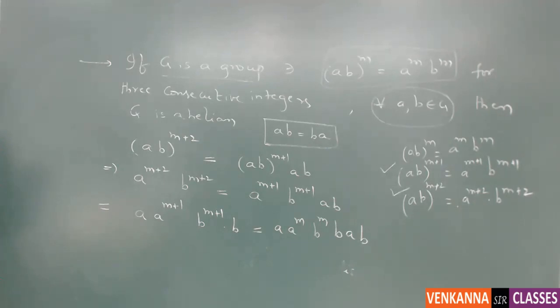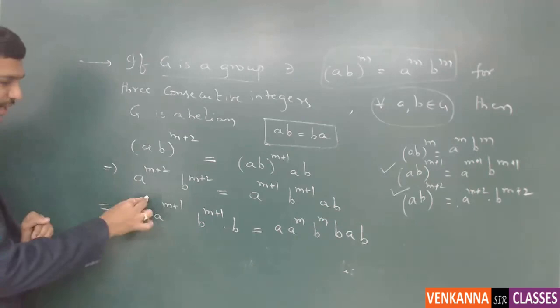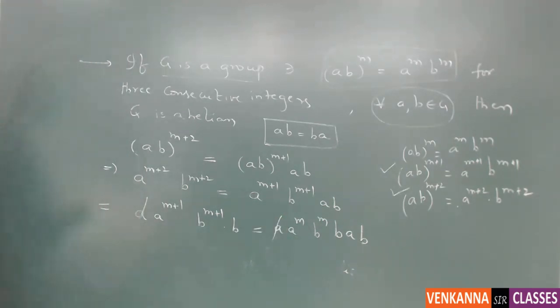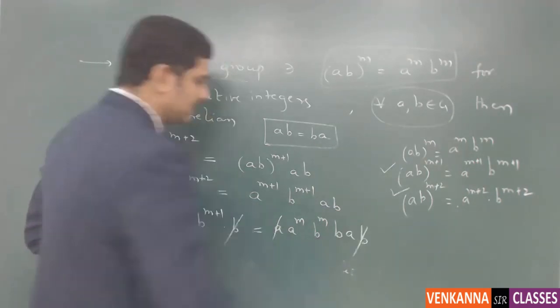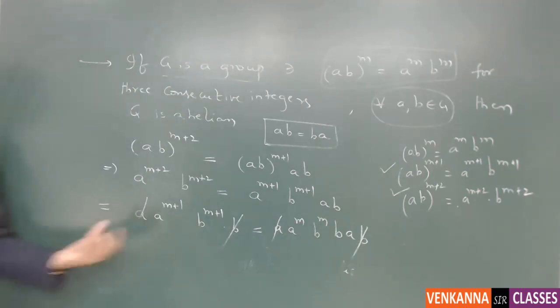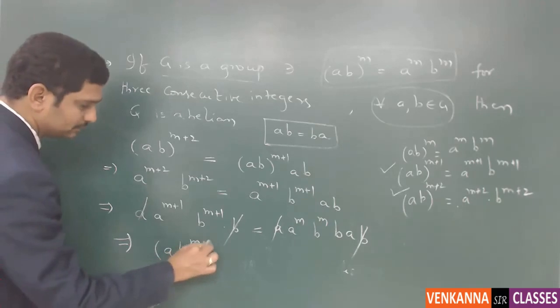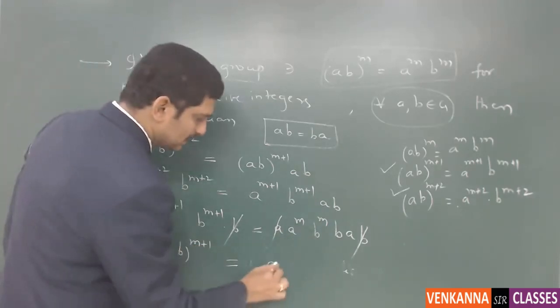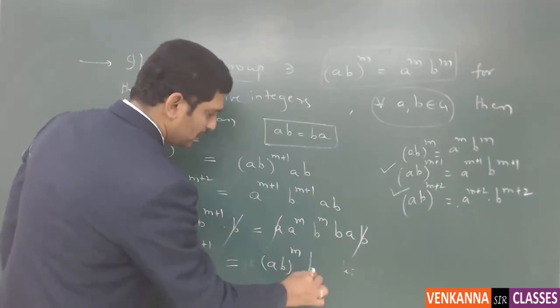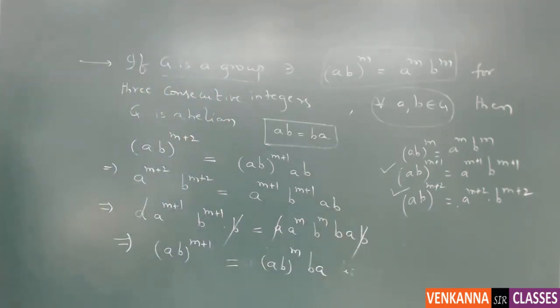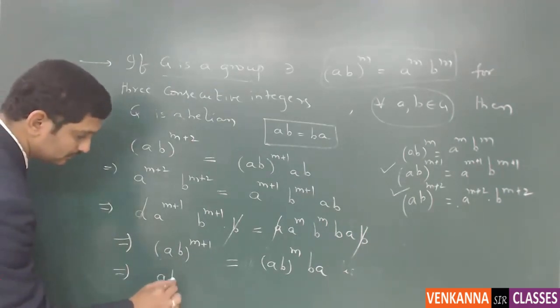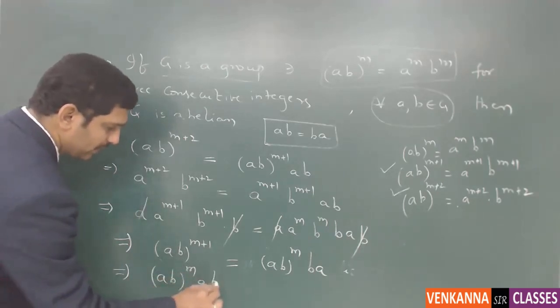Now, if you apply the left cancellation law, the leftmost element A gets cancelled. If you apply the right cancellation law, the rightmost element B gets cancelled. So you get this: (AB)^(m+1) equal to (AB)^m into BA. Again, this part can be written as (AB)^m into AB.